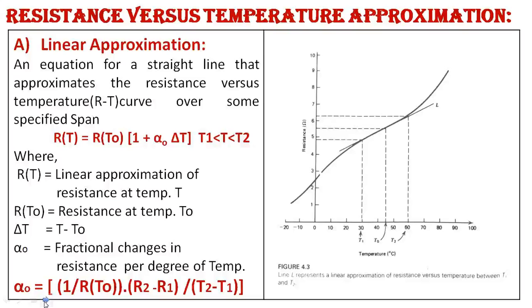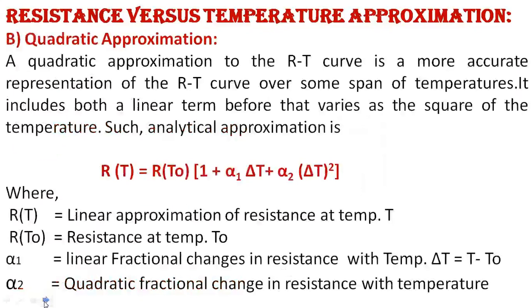So you will get the change per degree of temperature. That graph shows the linear approximation of resistance versus temperature between T1 and T2, or initial temperature and maximum temperature.